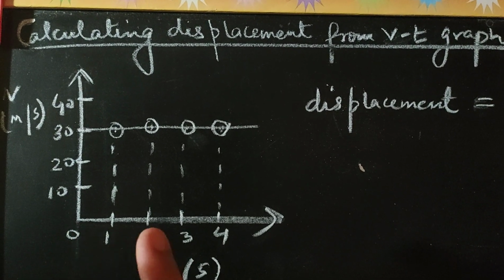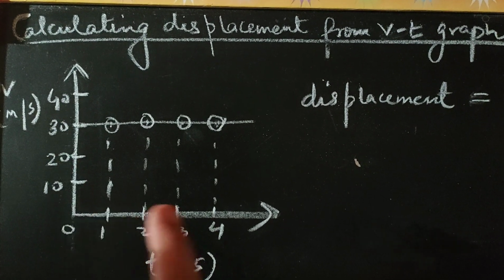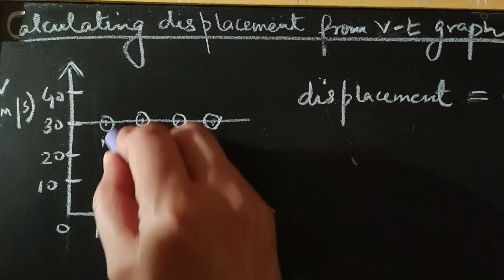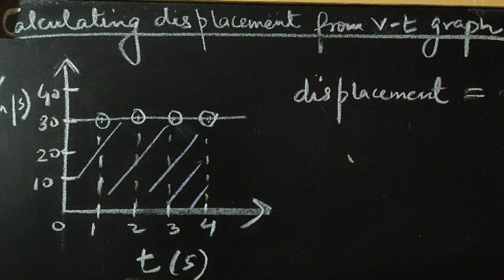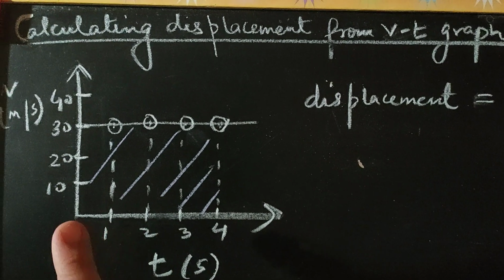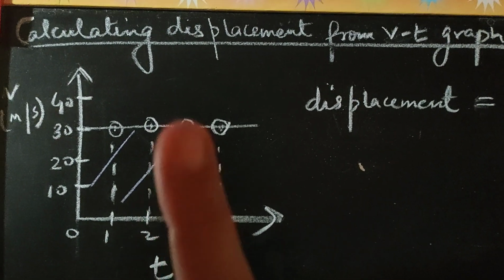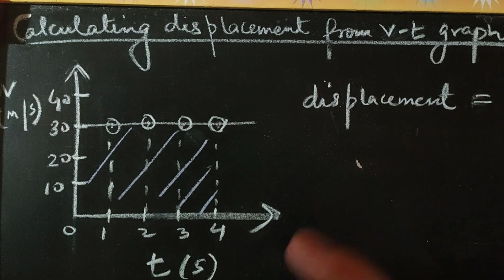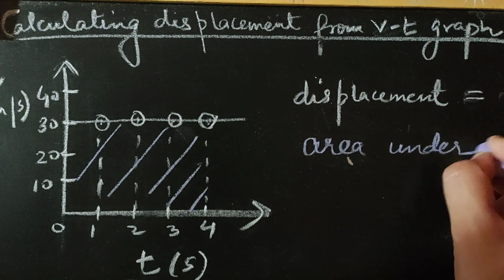Looking at the diagram carefully, we can make out that 30 into 4 is giving me the area of this rectangle. So this is an example to show that displacement can be calculated from a VT graph as the area under the VT graph.